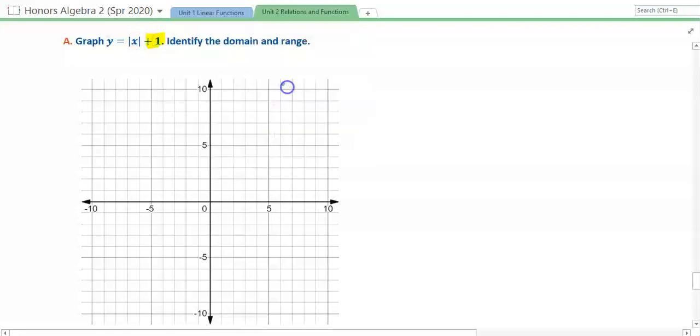And so it's going to take all those y values of this original function, that makes a nice little v, and shift them up 1. So my vertex is now at 0, 1, and I head up in this direction and also in this direction. So again, my final graph is the red, not the blue.